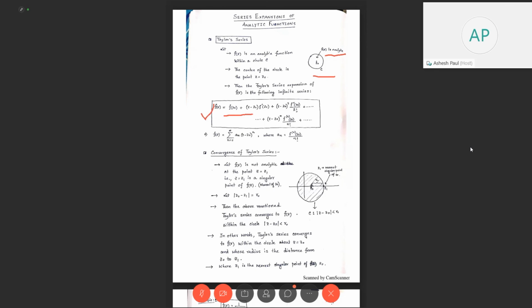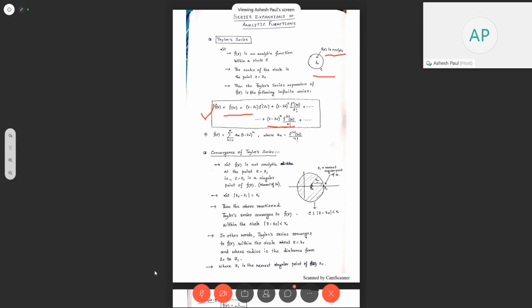Then the third term is (z minus z0) whole square into f''(z0) by factorial 2, that is the second derivative of f(z) at the point z0 by factorial 2, and it's going on. Then the nth term of this series will be (z minus z0) whole to the power n, nth derivative of f at the point z0 by factorial n, and goes on.